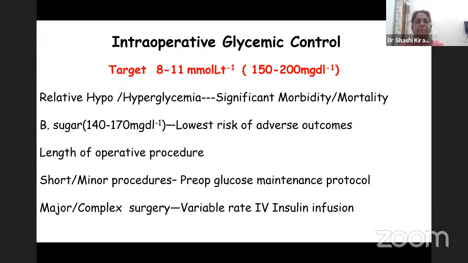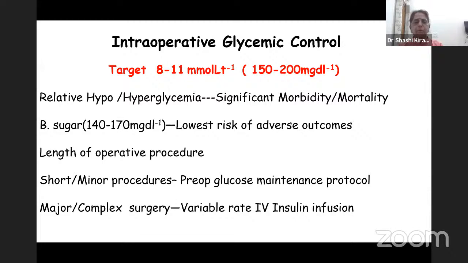Now I have induced my patient and what should be my intraoperative glycemic control? The target should be 150 to 200 milligram % intraoperatively. It has been seen that if blood sugar levels are maintained between 140 and 170 milligram %, there is the lowest risk of adverse outcomes.